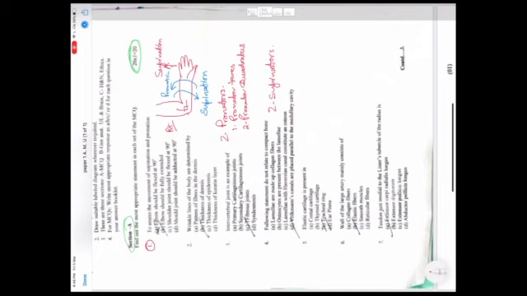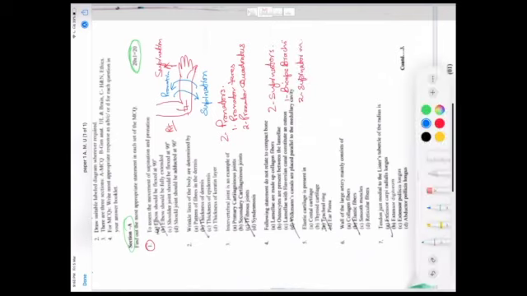Similarly, now supinators. The first one I should write here is biceps brachii. And the second one is the supinator muscle itself.